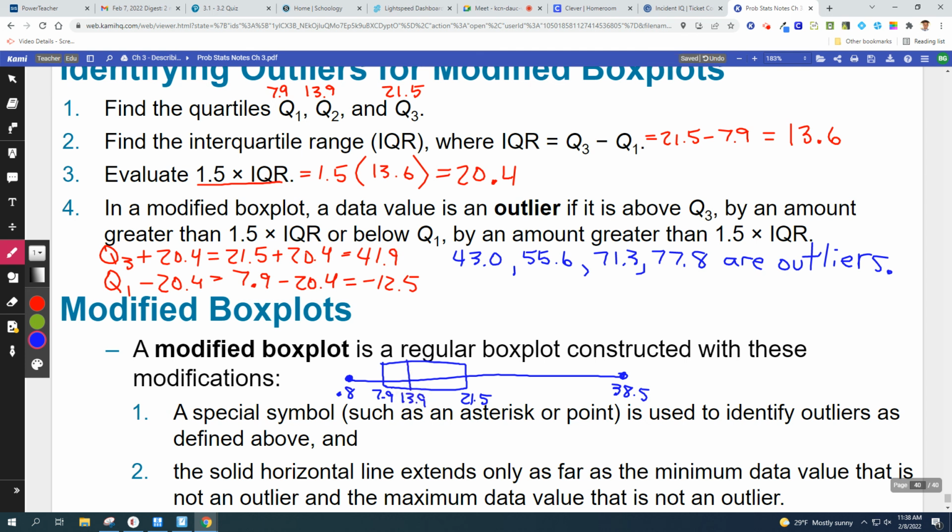We're still going to have the same box and whisker plot, except it's going to stop at 38.5. And then we're going to have asterisks for our outliers: 43.0, 55.6, 71.3, and 77.8. So we mark those outliers with little asterisks or dots. Okay, and that is our modified box plot.